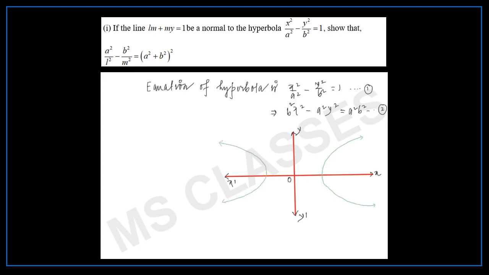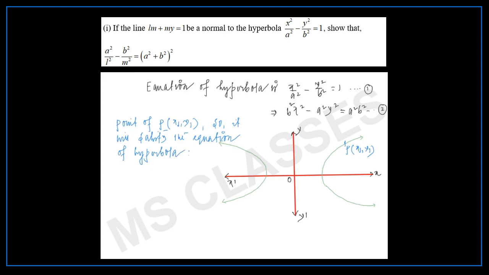Here we take a point of contact P, which we take as x1, y1. So point of contact P, x1, y1, will satisfy the equation of the curve. The equation of the curve means the equation of hyperbola.